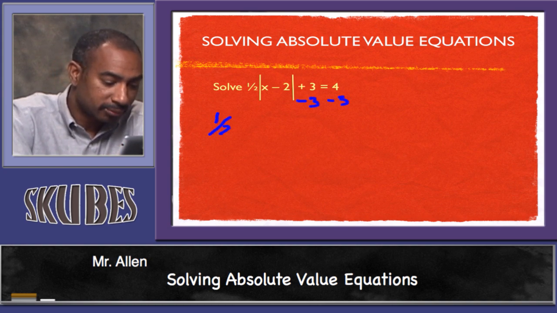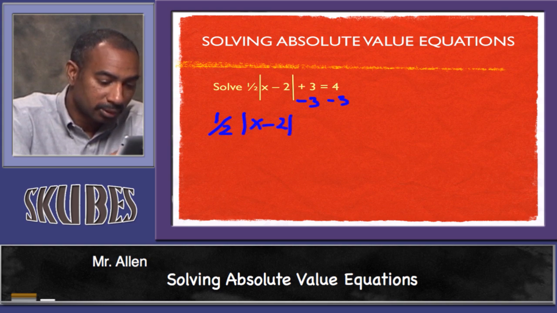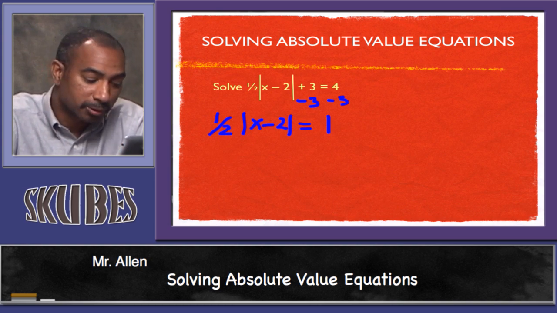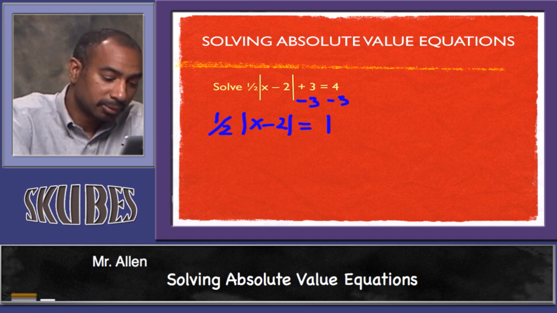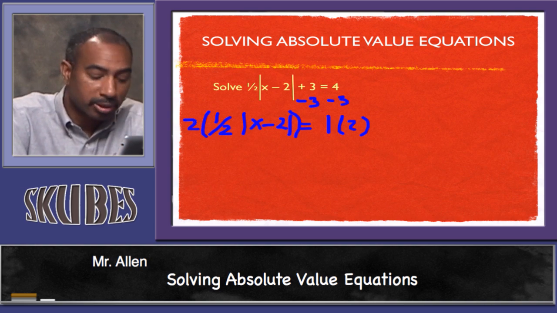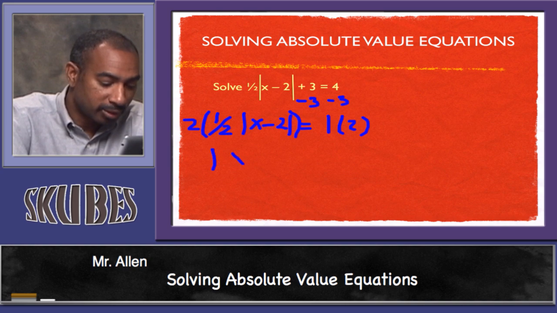So I have 1/2 times the absolute value of x minus 2 equals 1. And now I want to get rid of the 1/2. What I can do is multiply both sides by 2. So 2 times 1/2 is 1, and I have the absolute value of x minus 2 equals 2 times 1, which is 2.